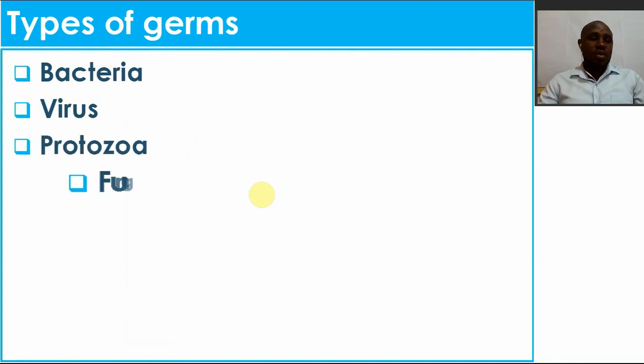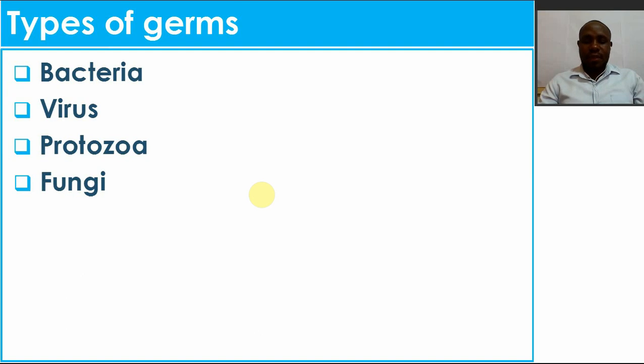And the last is the fungi. There are others, but these are the main and common ones. First, bacteria. Second, virus. Third, protozoa. Lastly, the fungi. Those are the four main types of germs.